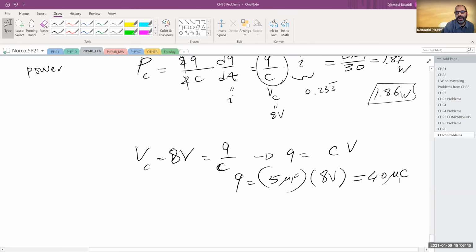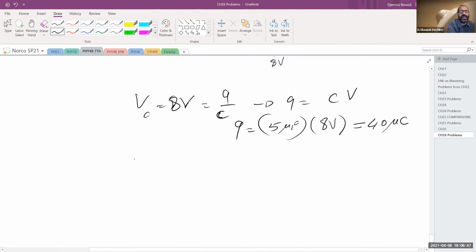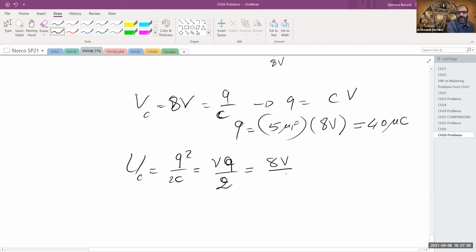So we want to make sure how much energy is stored. The energy that is actually stored in the capacitor at this point is Q squared over 2C. Another way of writing this expression is that Q over C is just V, so it's going to be V times Q over 2. And V is 8 volts, over 2, times this 40 microcoulombs. 40, not 4.